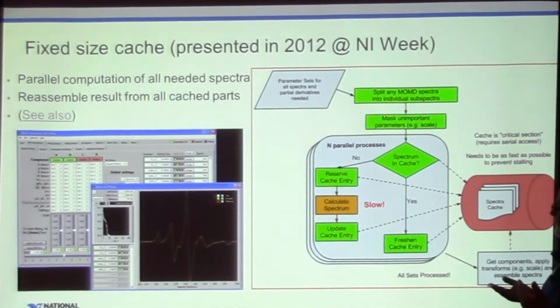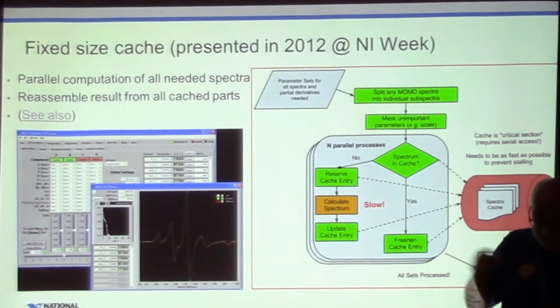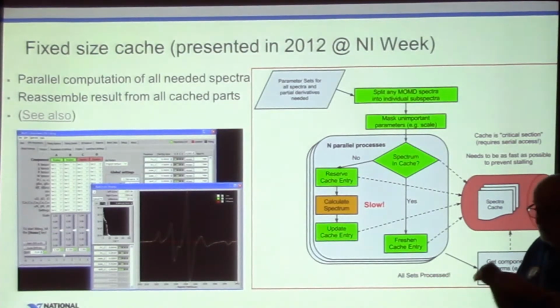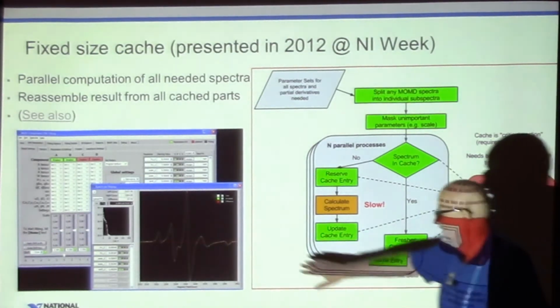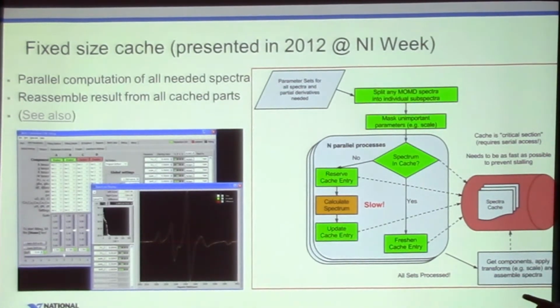So I do it in a map, where the key is the set of all parameters, and the value is the spectrum that comes out. The other problem is that it's very unlikely that I need a map entry from last year.